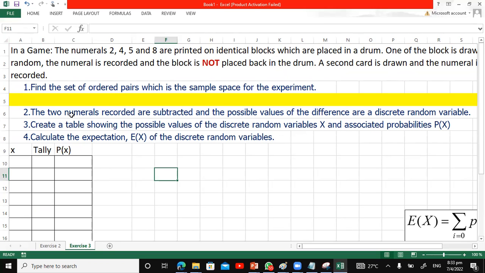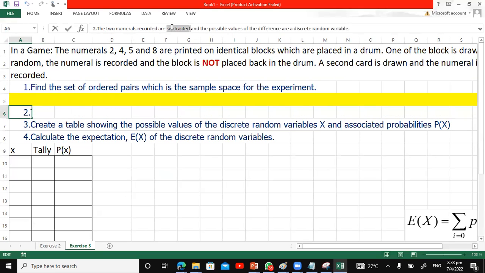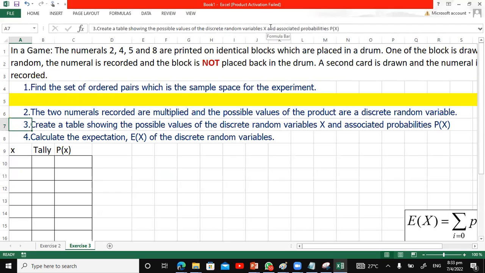And the next thing we're told is that the two numerals are multiplied, and the product is recorded as a random variable. So the two numerals recorded are multiplied, and the possible values of the product will form a discrete random variable.